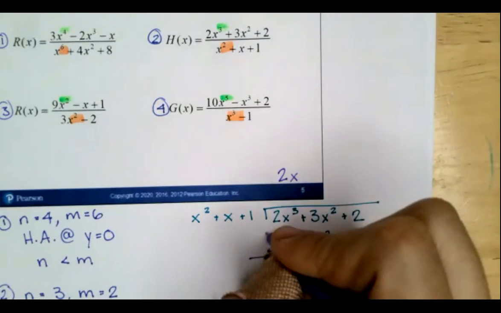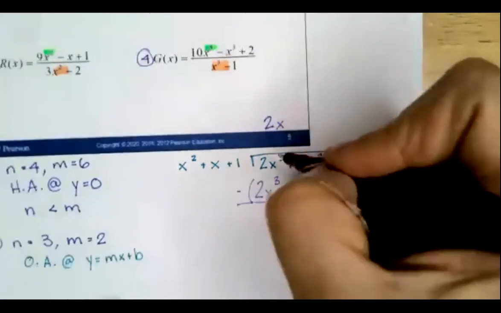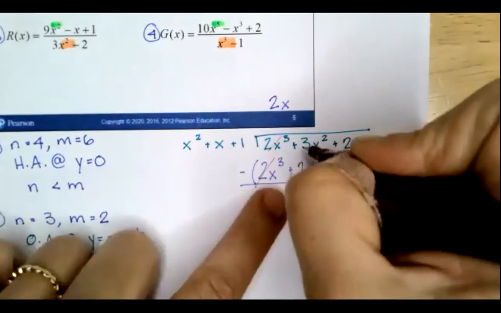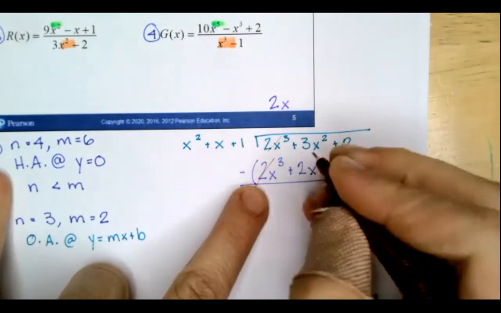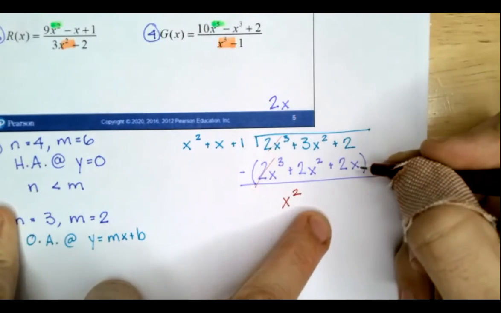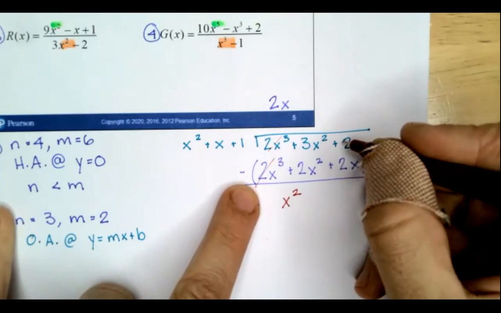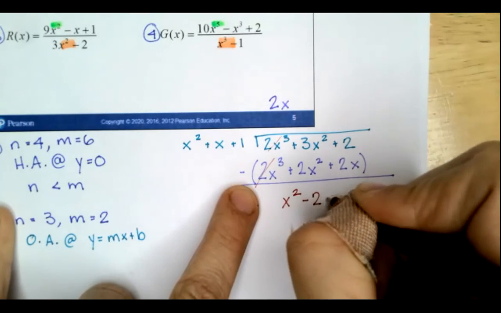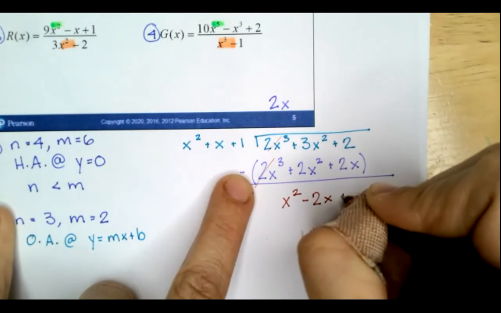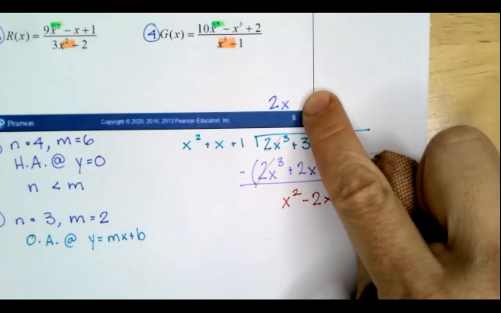Good. And then remember, you're subtracting all of that. So those cancel. Positive 3x squared minus 2x squared just gives me x squared. And a positive 2x. So we're subtracting a 2x, but there was no x, so we're going to say negative 2x plus 2. So my first term of that y equals mx plus b is 2x, right?